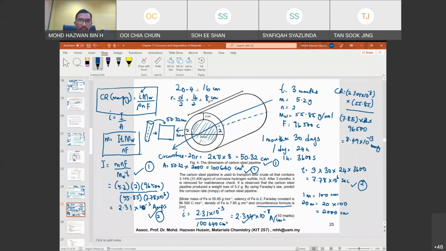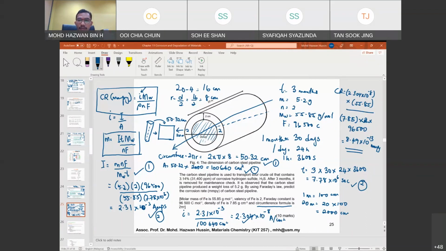So remember, for this formula, the unit is in millimils per year. Checking. Others? The same answer? Good. Okay.